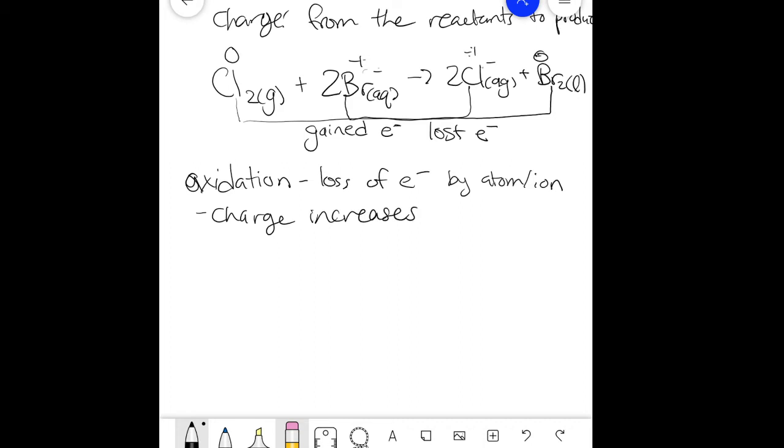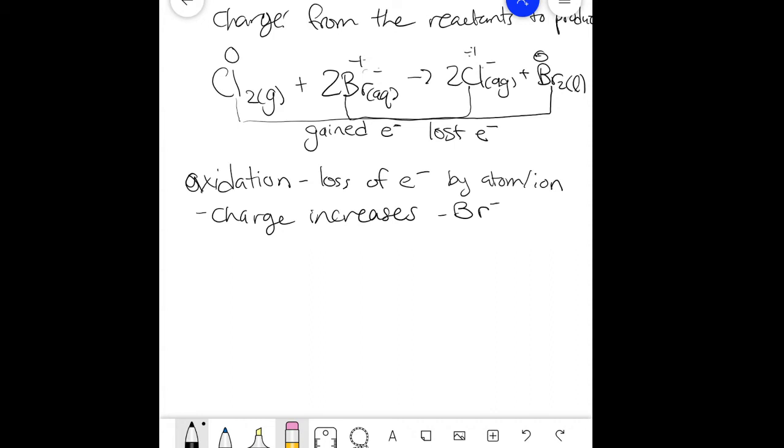In our example above, bromine would be the one to undergo oxidation, because bromine increased. It's called oxidation because originally, back when they named it, they thought only oxygen caused this to happen. Obviously, that is not the case, but the name stuck. It has nothing to do with oxygen.